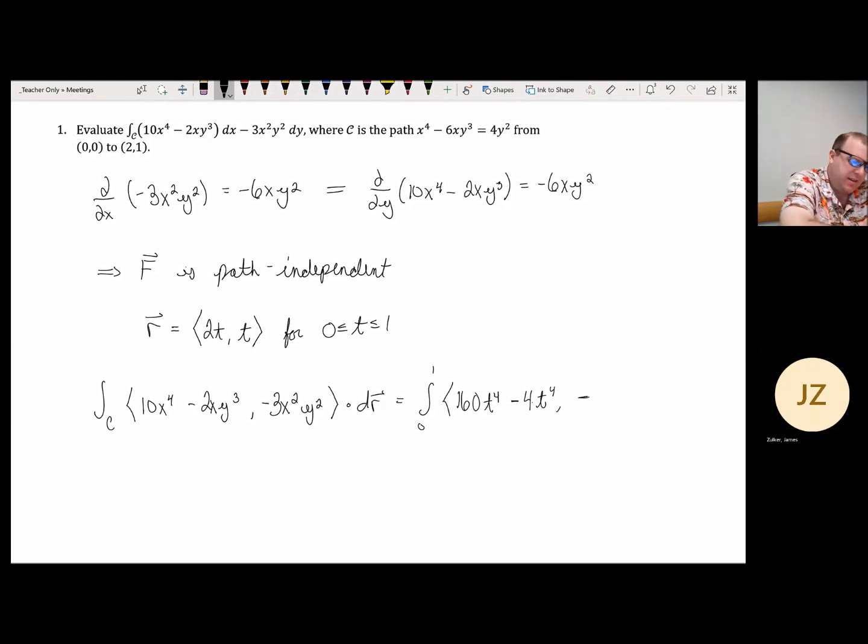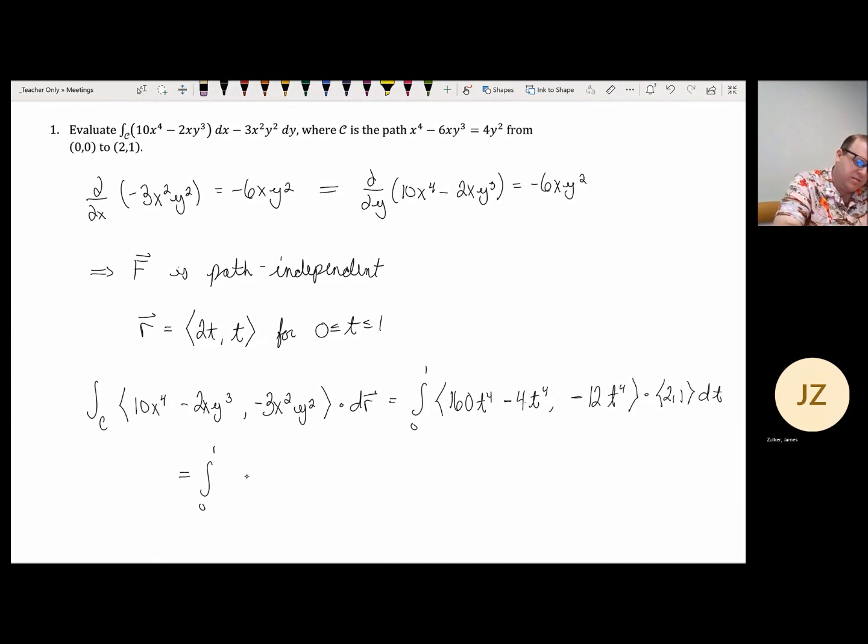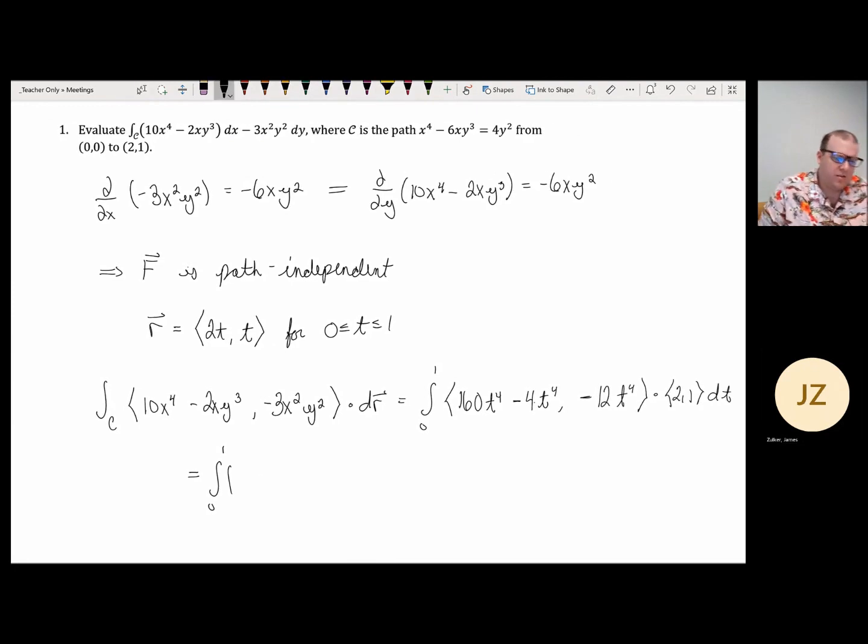Then we get negative 12t to the fourth, dotted with 2, 1 dt. 160 minus 4, 156. 156 times 2, 312.